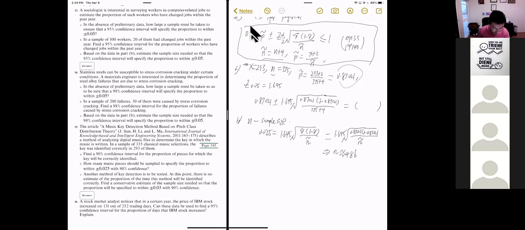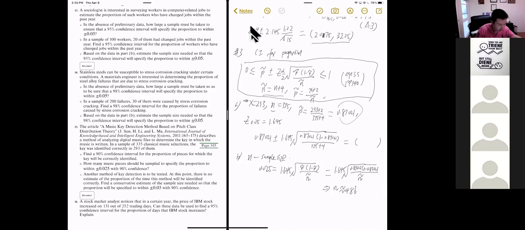Isn't the proportion also dependent on the sample size? It is depending on the sample size. But if the proportion does not change, then the number of correctly identified will also be increased. Okay, I think I get it now. Thank you.